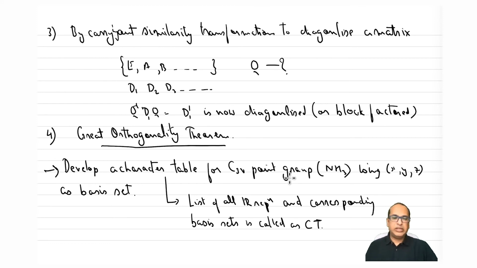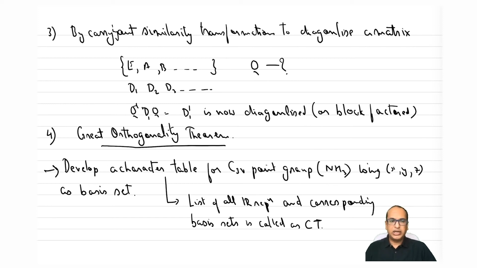Okay, so we'll see it has multiple uses, a lot of applications, and let's see how to write one for the C3v point group. We will only write the basic character table without worrying about the basis sets for now, and then later on when we actually look at the great orthogonality theorem, we will see how to write the complete character table.